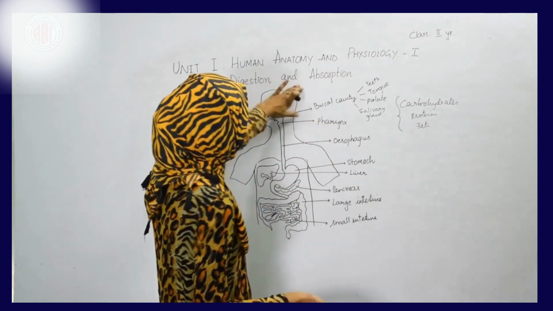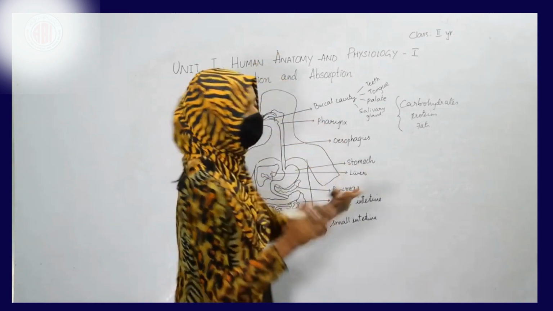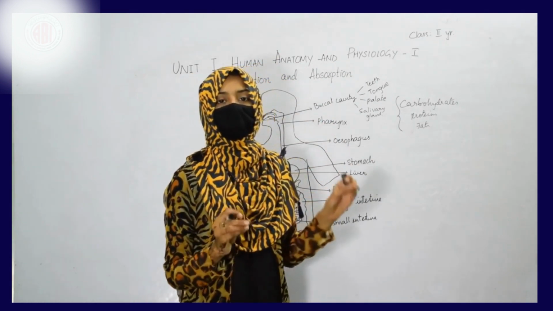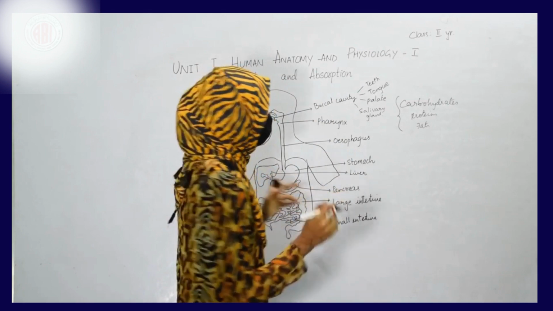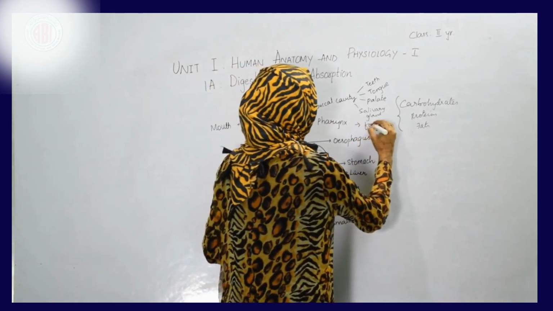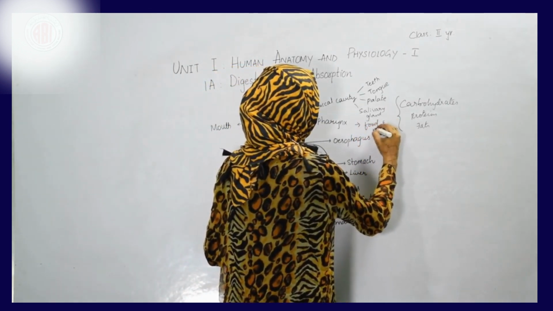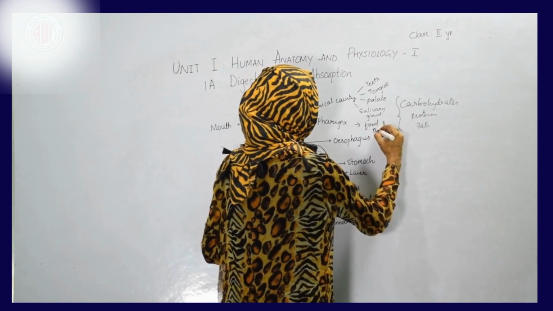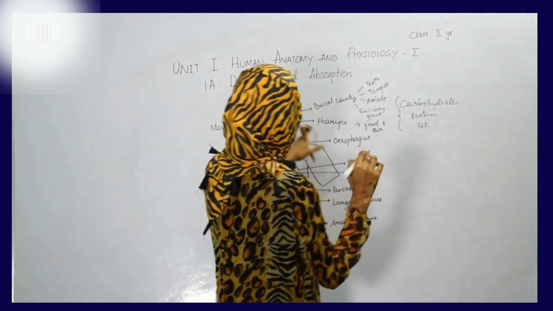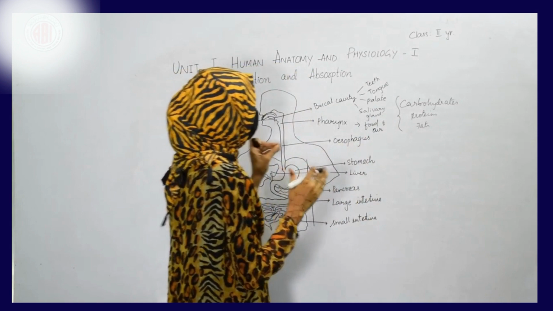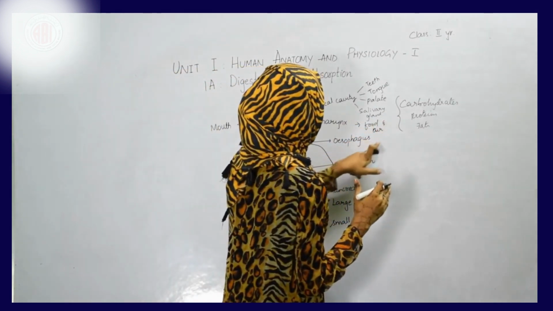After the buccal cavity, we can find a region which is a common passage for both food and air, and the name of this region is the pharynx.